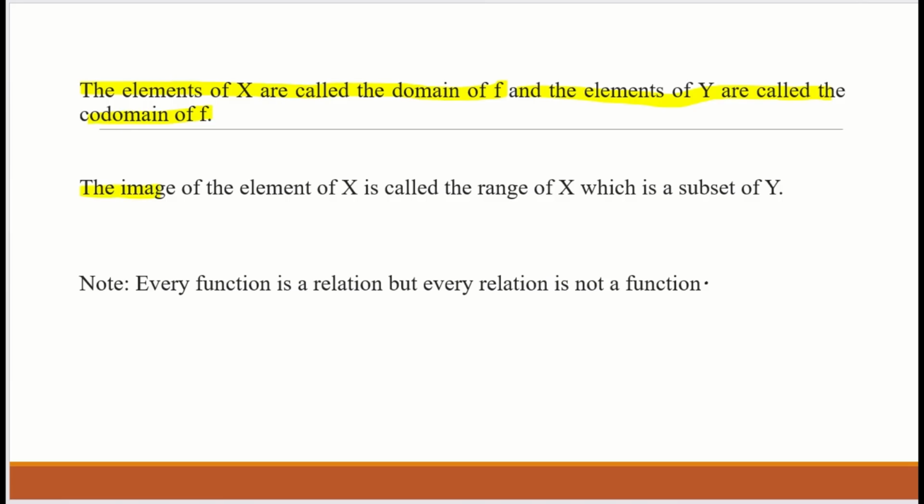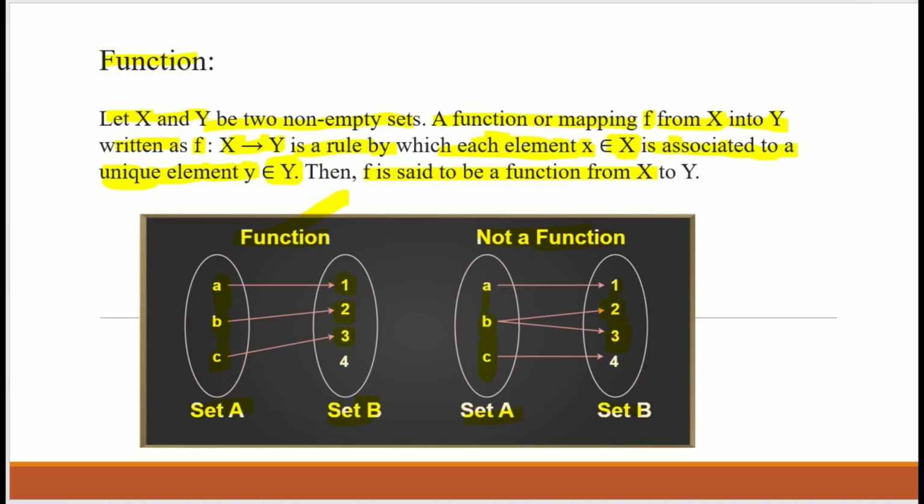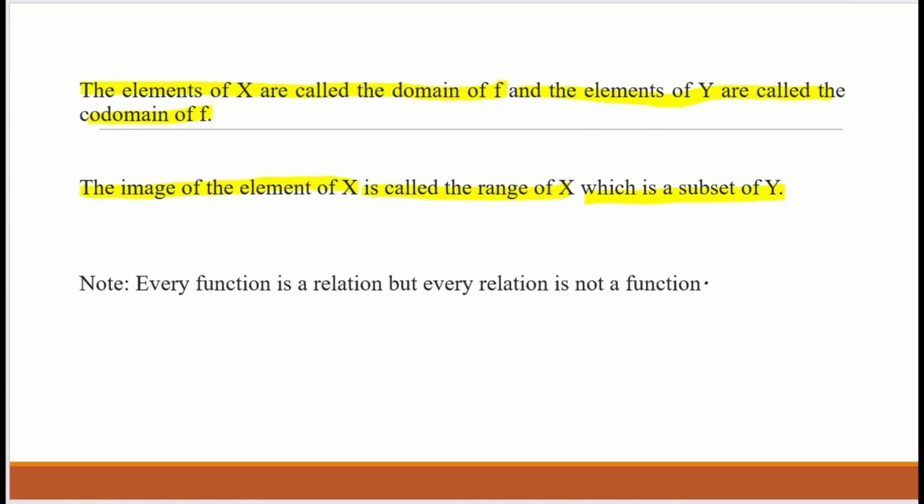Then the images of the elements of X are called the range of f, which is a subset of Y. It means that in this, what is the image of A? 1. Image of B? 2. Image of C? 3. Then the set which contains 1, 2, 3 is called the range, which is a subset of set B, otherwise the codomain. Understood? Now, only the image of the elements of X is called the range of f, which is a subset of the codomain or Y.